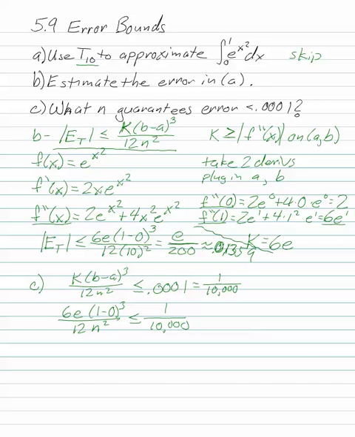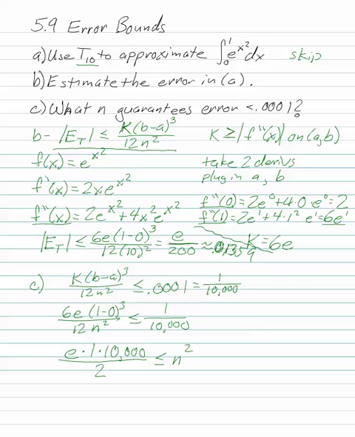In order to solve for n, we multiply both sides by n squared and multiply both sides by 10,000. The 6 and the 12 still cancel, so we're going to get an e times (1 minus 0) cubed times 10,000 over the 2 that's left from the 12, and that needs to be less than or equal to n squared.